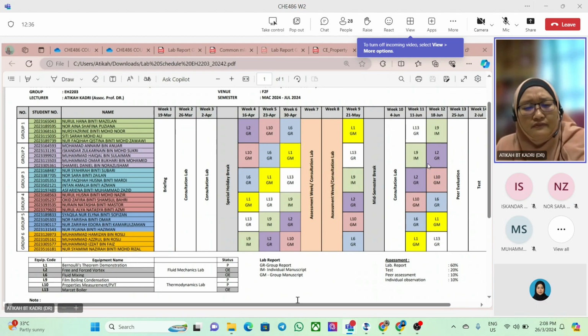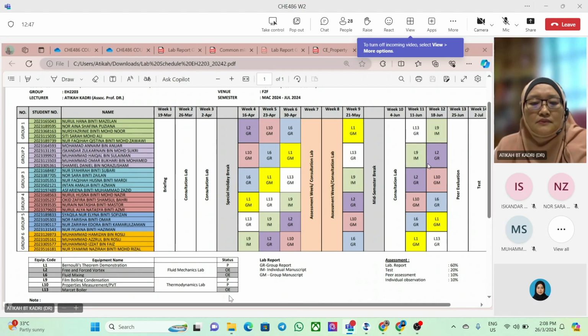I think, have I uploaded a sample of the manuscript in the folder? Ada tak? I rasa macam ada. Let me see. Files. Oh no, I have not actually uploaded.